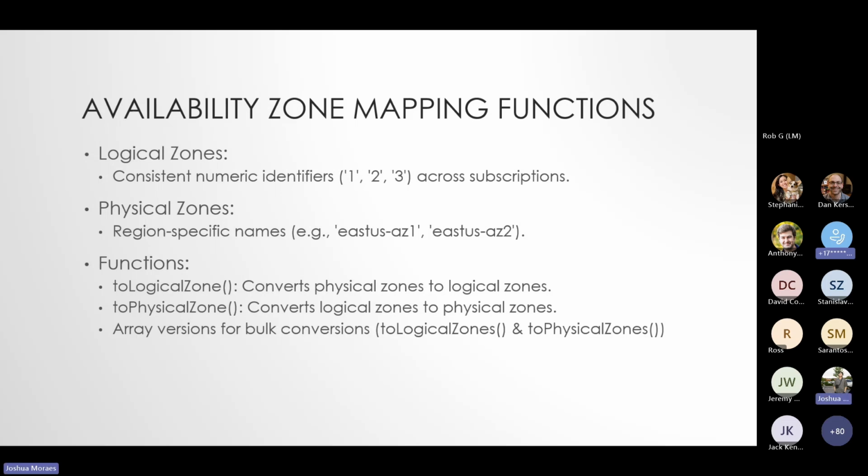So we have 4 functions for you guys. The first is toLogicalZone, which converts a physical zone to a logical zone, and then there's also toPhysicalZone, which is vice versa, the logical zone to the physical zone. And then we also have array versions for bulk conversions, for example toLogicalZones and toPhysicalZones, if you want to convert multiple zones.